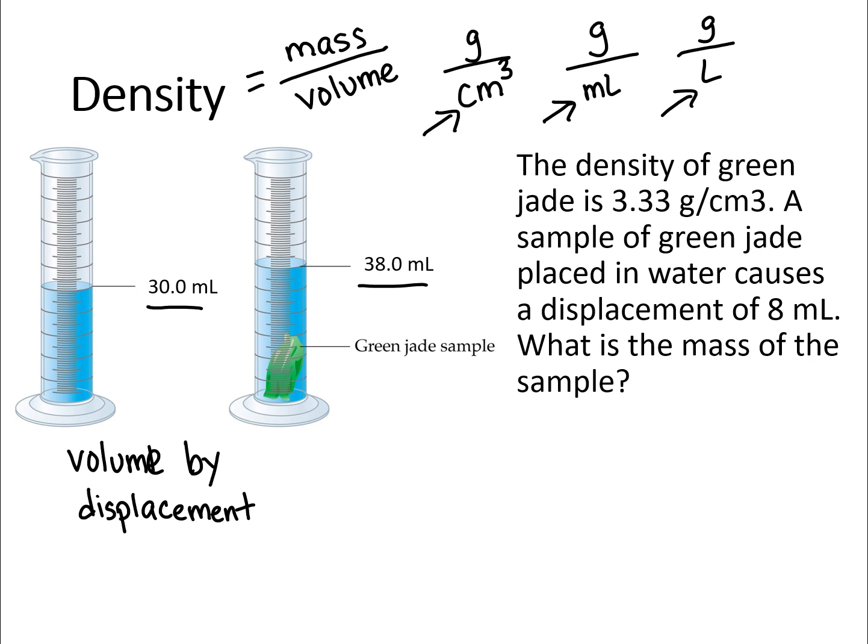The density of green jade is 3.33 grams per centimeter cubed. And that should be written as a subscript. Okay. A sample of green jade placed in water causes a displacement of 8 milliliters. What is the mass of the sample?